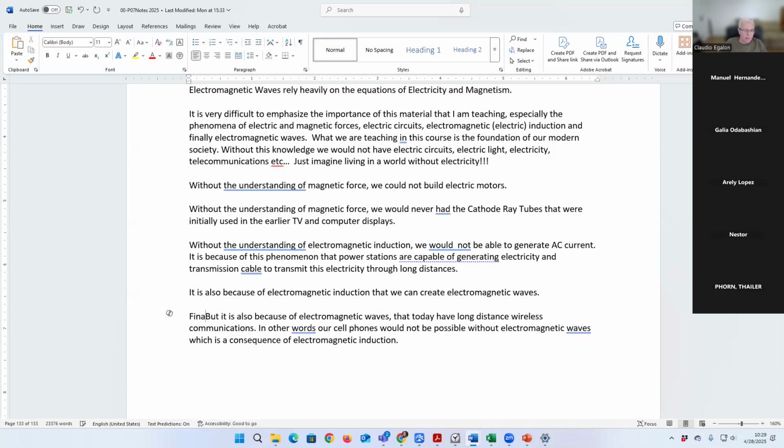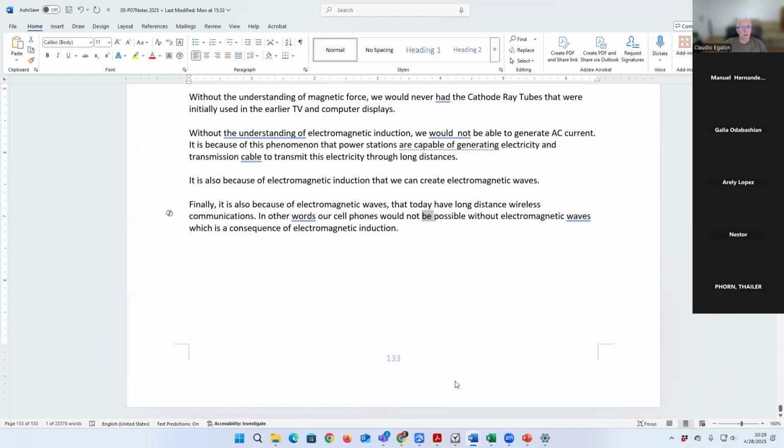Finally, it's also because of electromagnetic waves that today we have long-distance wireless communications. Our cell phones use this concept. Our cell phones would not be possible without electromagnetic waves. Our cell phones would not be possible without electric circuits.